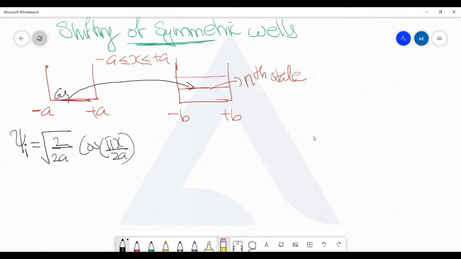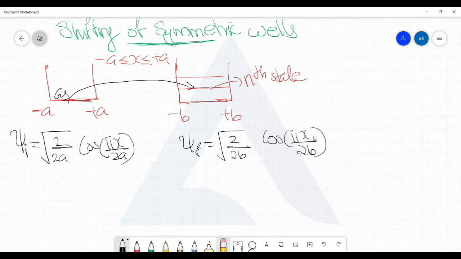In the last class, we have discussed. Psi final is equal to root 2 by length. Here length is 2b. Cos pi x by 2b. This is the ground state.